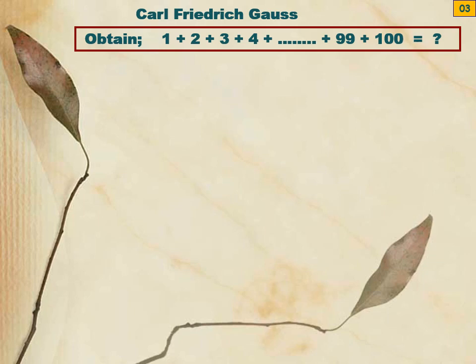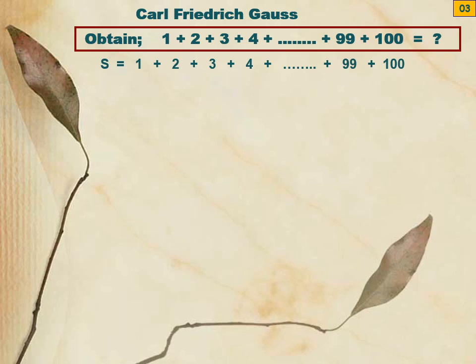Okay, that child who was punished started doing that. Within 2-3 minutes, Gauss, who was also a student of that class, gave a slip to the teacher with the total. The teacher was surprised and asked, how did you do it? So I am showing how he managed to add the numbers from 1 to 100.